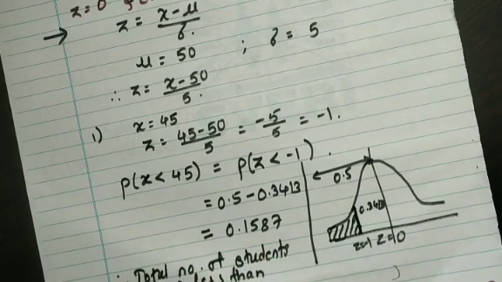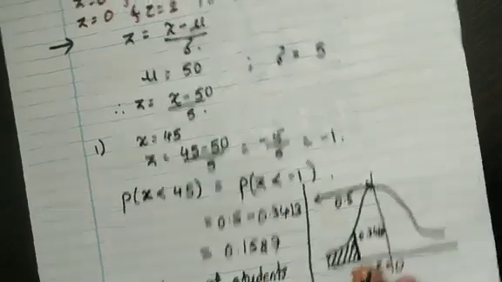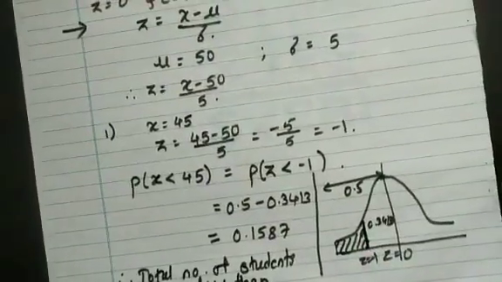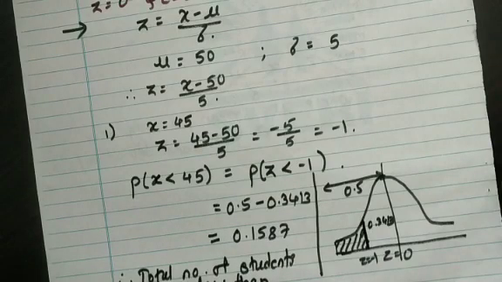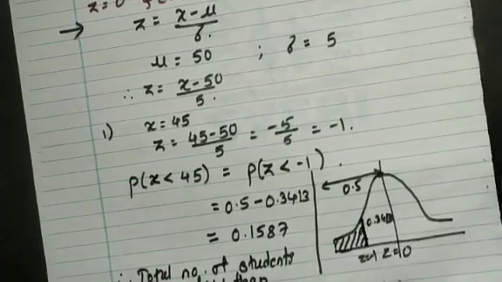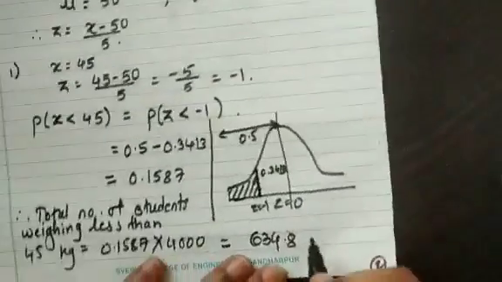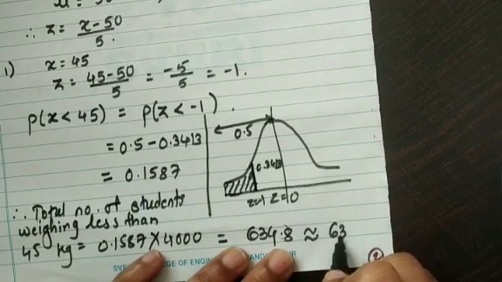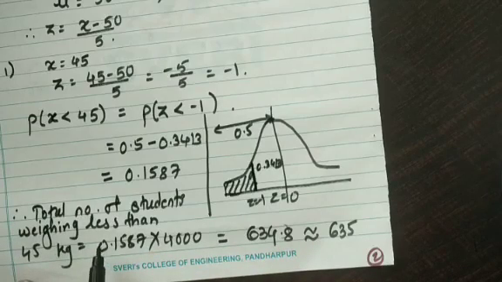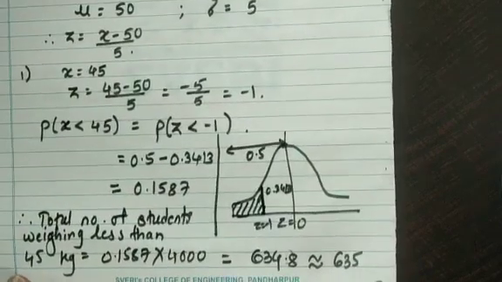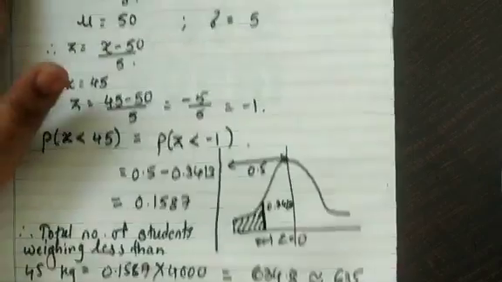The probability is 0.1587 into the total number of students, that is 4000, and therefore it is equal to 634.8. As they are students, we have to round it up to 635 students. So out of 4000 students, those who weigh less than 45 kg are 635. Okay, this is your first question.